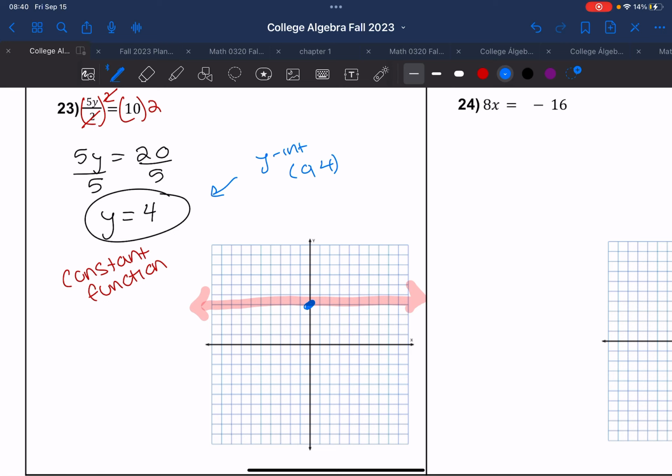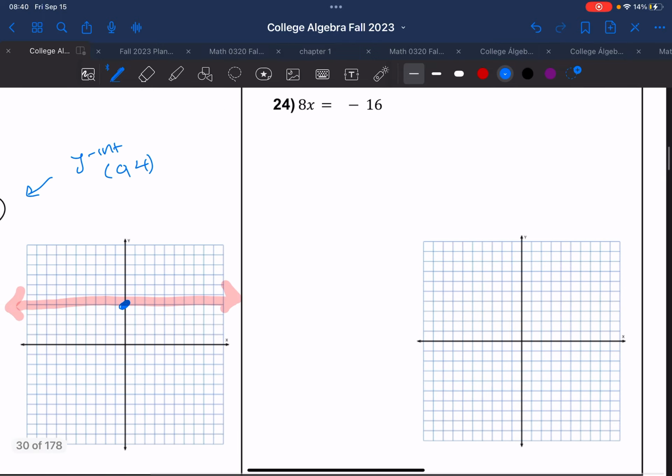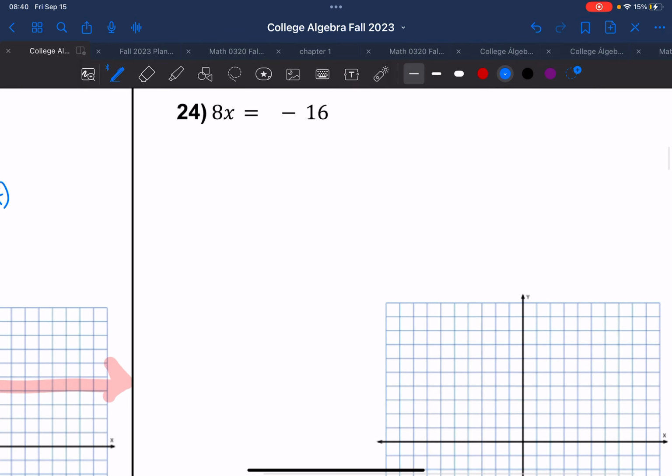Now let's look at 24, which shows the opposite. Instead of just having y, we have just x. We're going to do the same thing and get x by itself. In order to do that, we divide both sides by 8, and I get x is equal to -2. This means we only have our x-intercept of -2, 0.